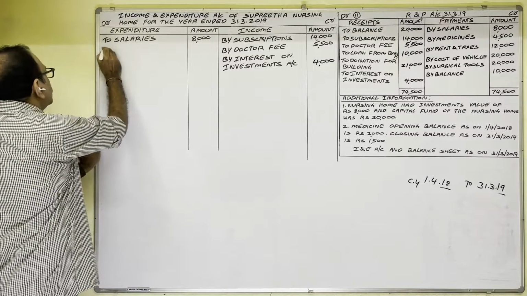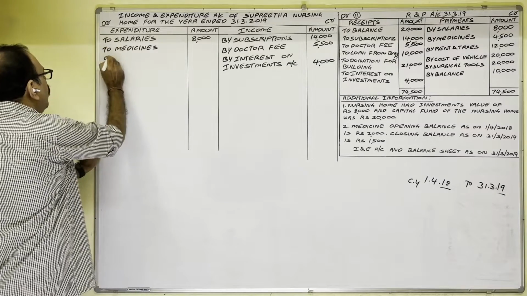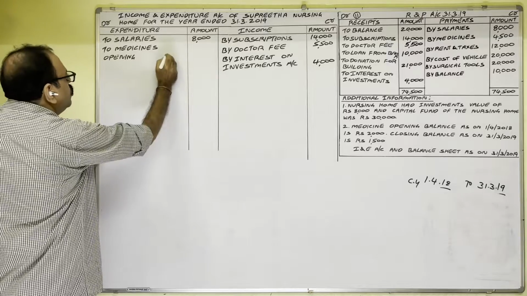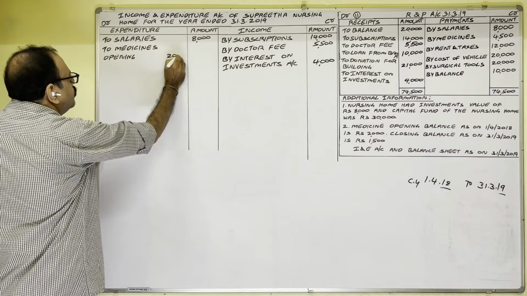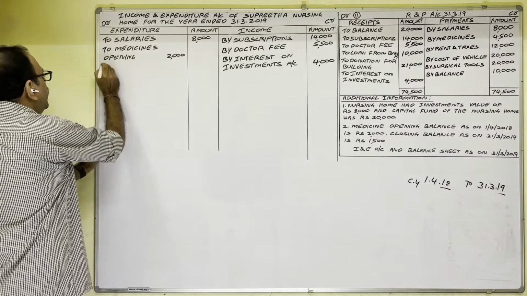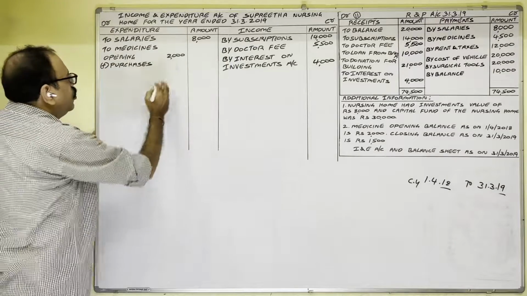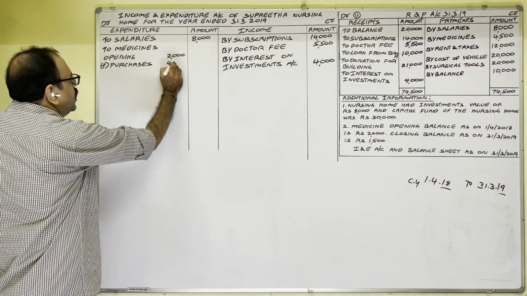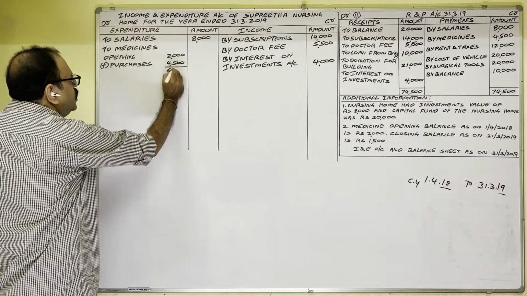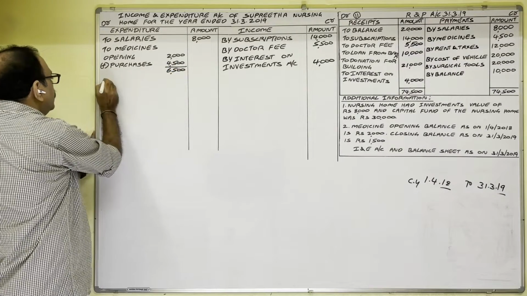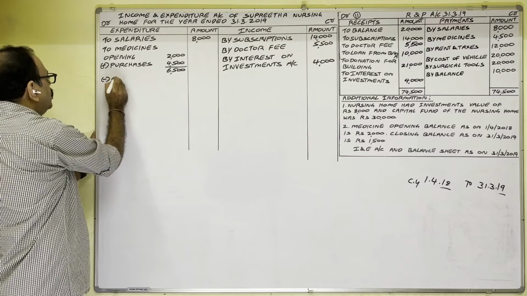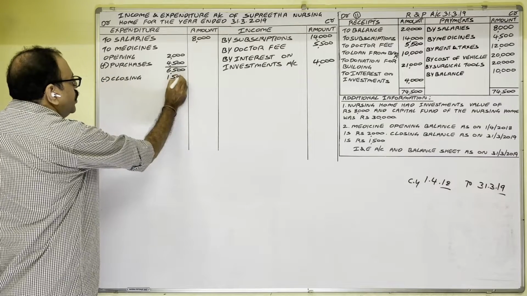Medicines consumed. First, opening balance 2,000 rupees in inner column. To this, add purchases. On the payment side, medicines 4,500 is given. That amount, total 6,500, minus closing balance 1,500 rupees.